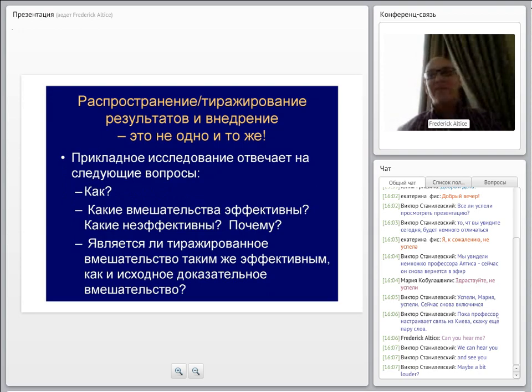Just to clarify what implementation science and operations research is not: it is not dissemination. Dissemination is where you take an intervention and expand it into the clinic or the hospital.